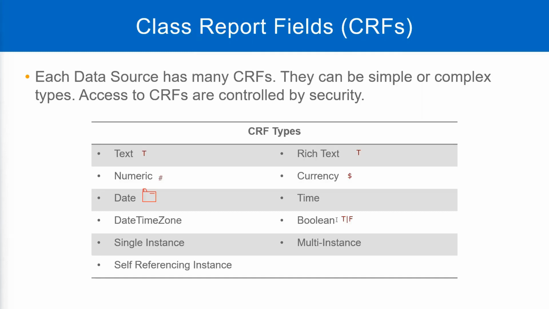Now comes some specific types of fields which are specific to Workday: single instance, multi-instance, self-referencing instance. Whenever we see these instance fields, they are actually linked to other data.